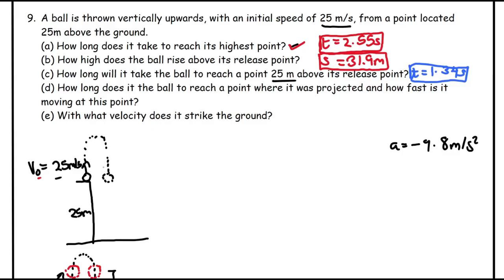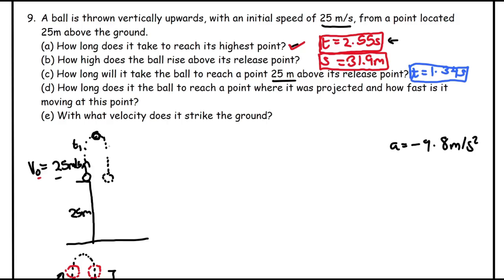Now, there are two ways of finding this, but because we know the time it takes for the bow to get to the highest point, which we got in question A, the amount of time it takes to reach the highest point is the exact same amount of time it would take to come back to this point.